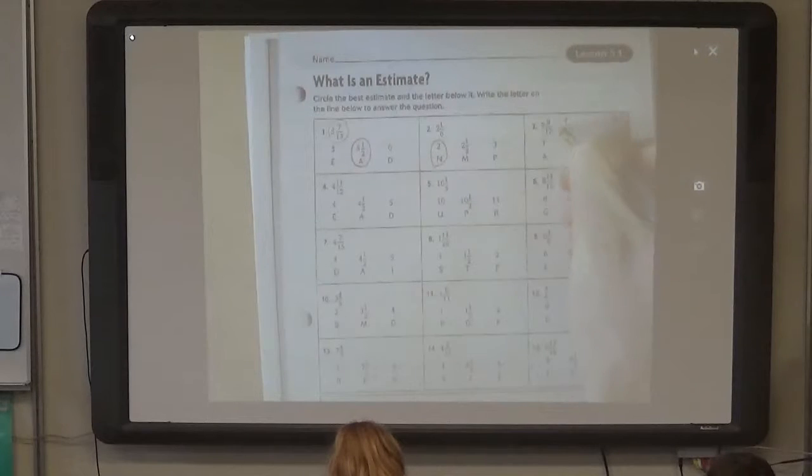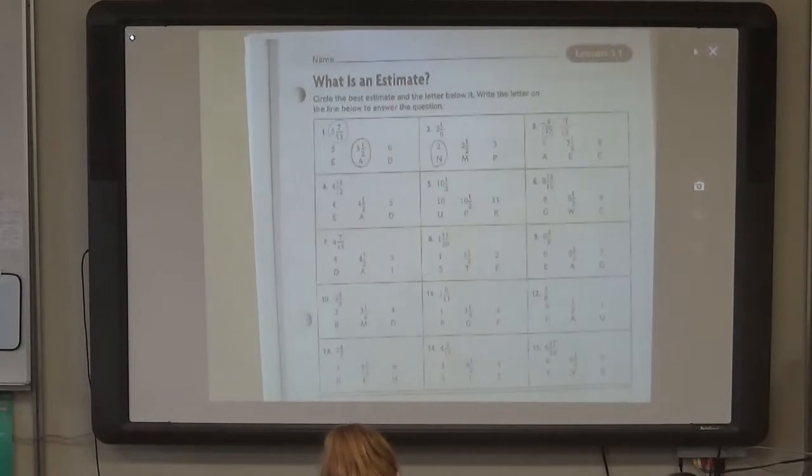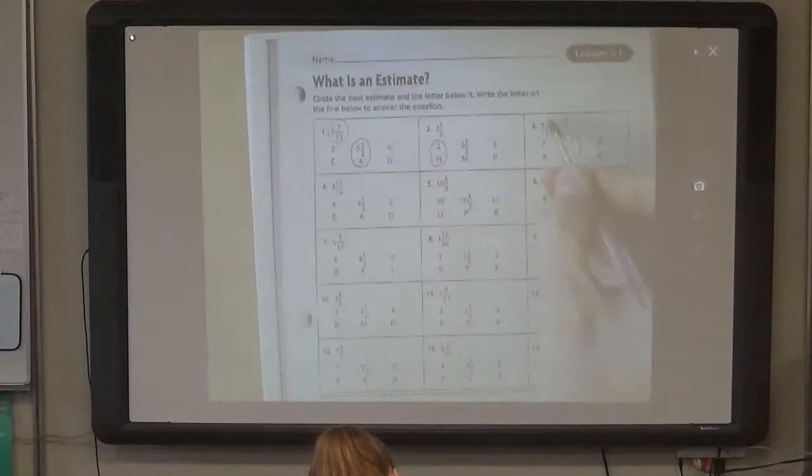We're only changing this by one number. Would that be a half? Yeah. So 9/17 is also close to 1/2. So what's the best estimate? 7½. 9/17 is really close to 1/2.